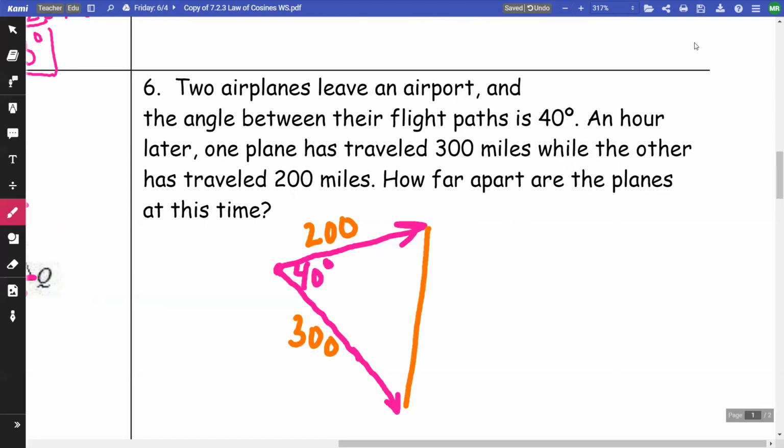So I want this. If I had this be A and this little a, and this B, so this would be little b, and this C, so this would be little c.